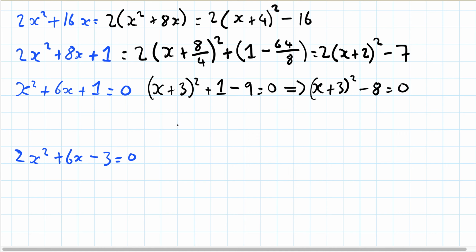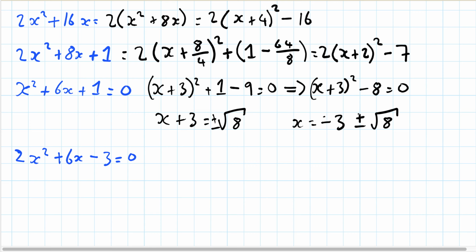If I rearrange all of that, I'm going to get x plus 3 equals plus and minus square root 8. I've taken the minus 8 over and then square rooted it. So x equals minus 3 plus and minus square root 8. And that's how you get the two roots, one with the plus and then another one with the minus.